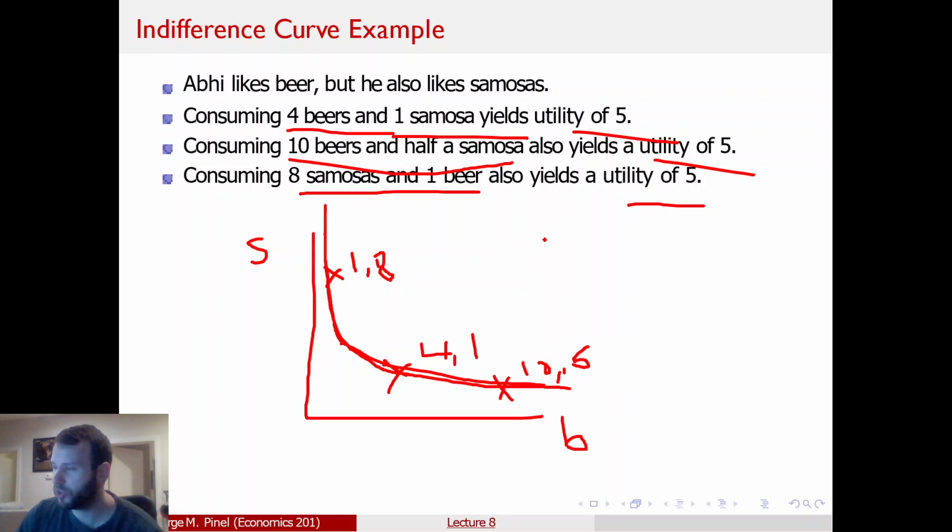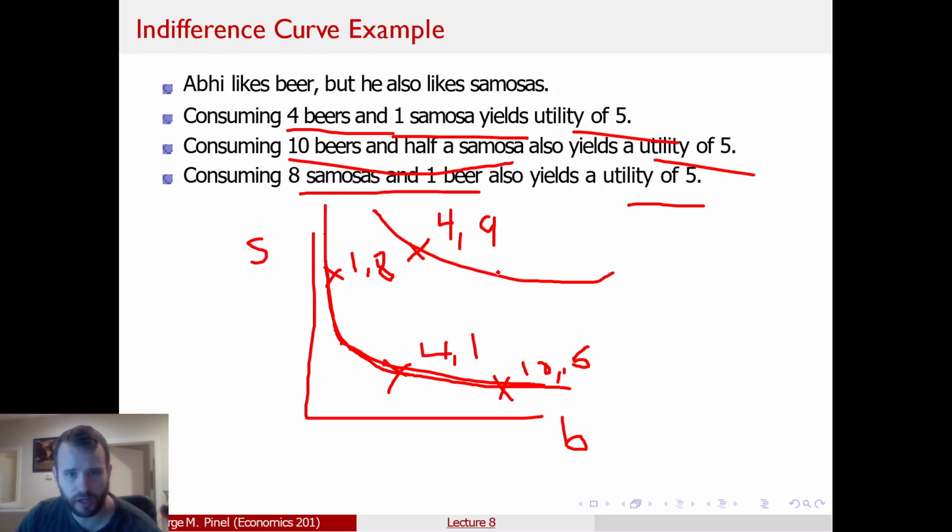But you can have higher utilities corresponding to higher consumption bundles. So if we went directly up to 4 beers, 9 samosas, it's going to be on a higher indifference curve because you like both beers and samosas. You're consuming the same amount of beer but a higher number of samosas, so you'd expect your utility to be higher.